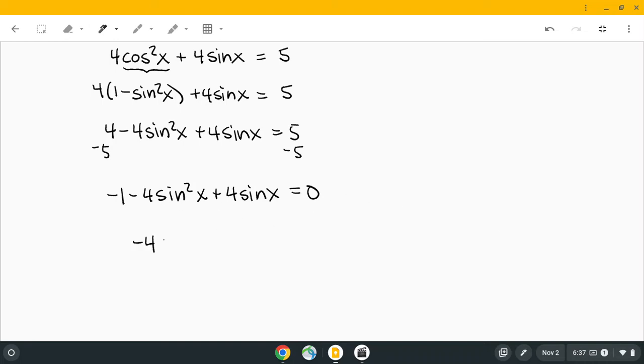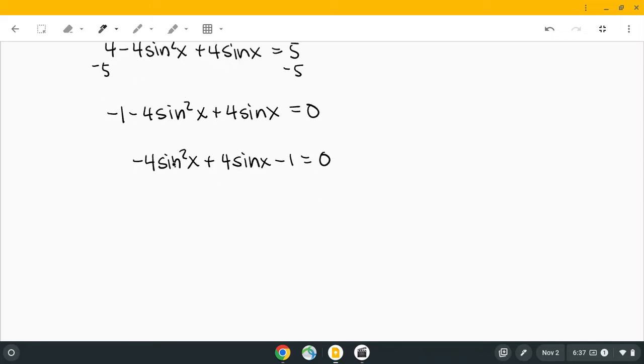So I get -4 sine squared x, and then plus 4 sine x, and then -1 equals 0. I like my leading term to be positive, so I'm just going to go ahead and multiply both sides by -1. And I will get positive, negative, and positive, and then 0.